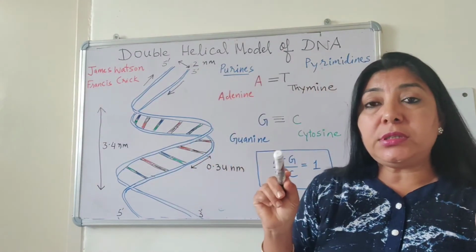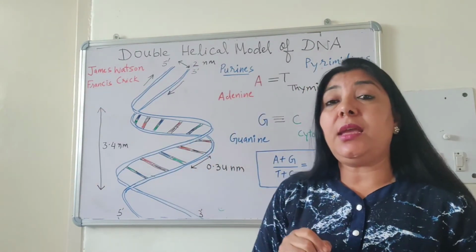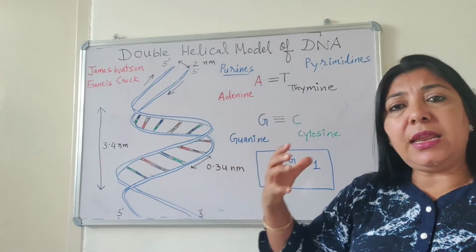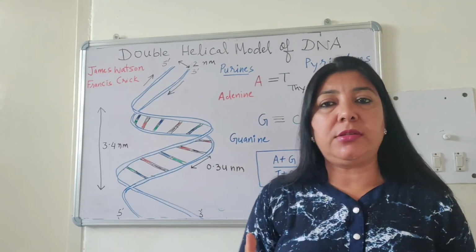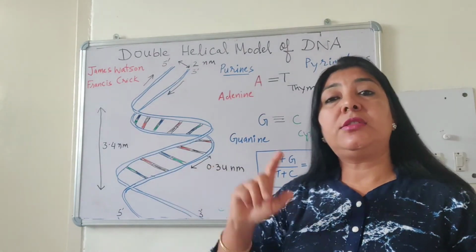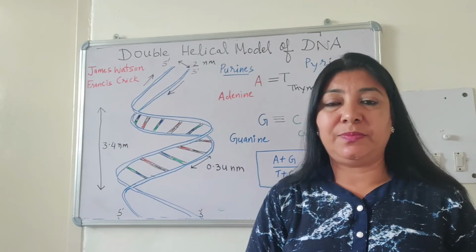Now, the most amazing thing about the DNA model is that it shows that DNA is a very stable structure, and they compared this with a spiral staircase.